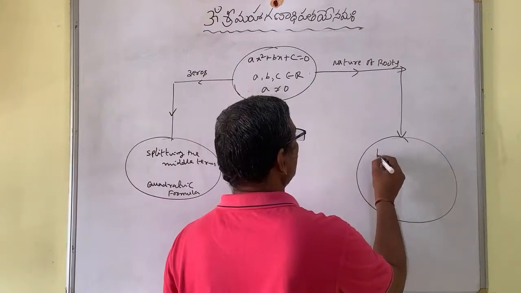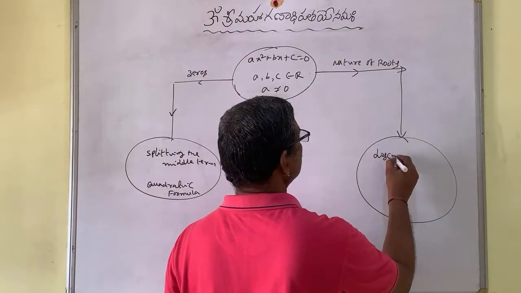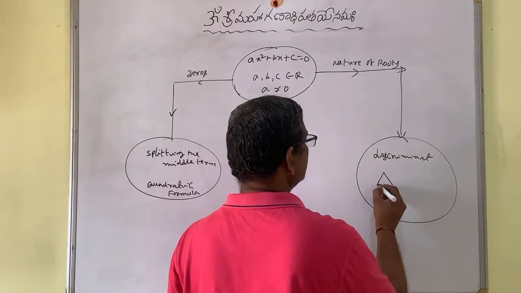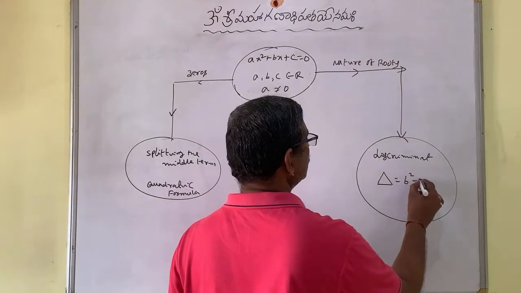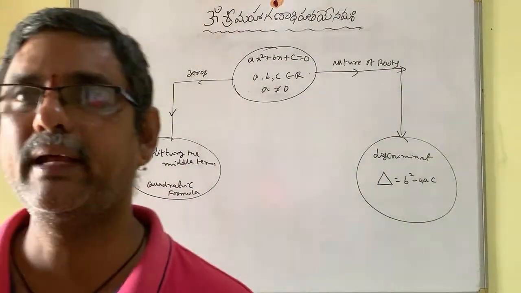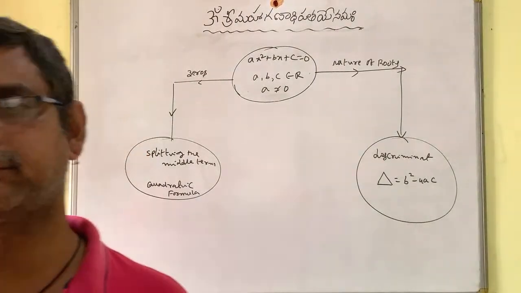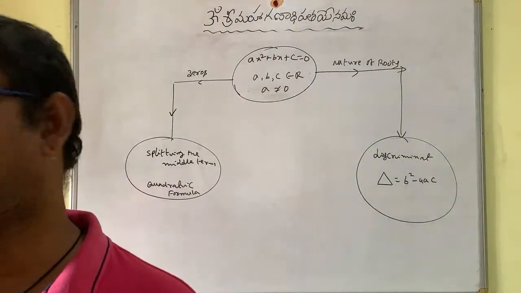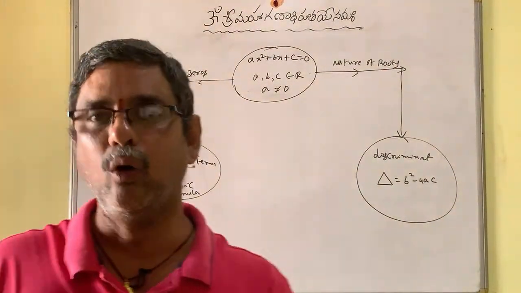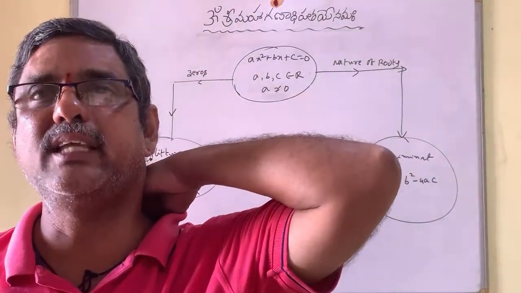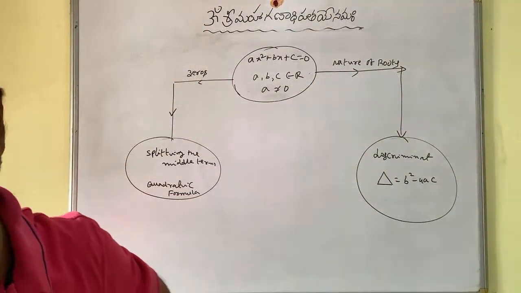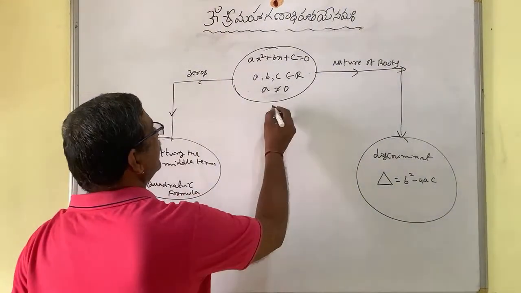We learn a term called discriminant, which is denoted by a triangle shape, b square minus 4ac. b square minus 4ac is called discriminant. To learn about the nature of roots, the discriminant plays a very important role. Okay.